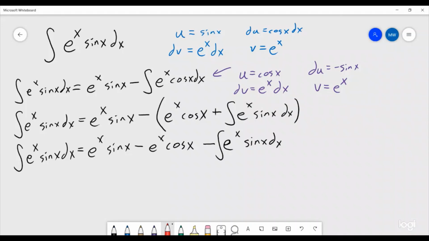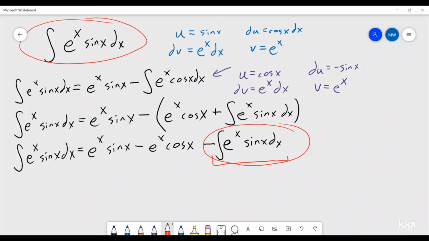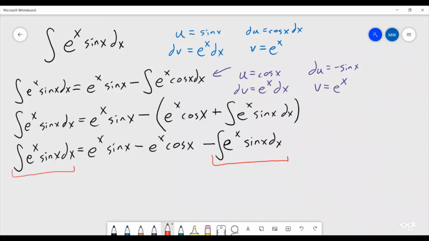Noticing this, we might think, okay, I have to do integration by parts again, but notice that this is the same thing that we started with, which means if we just continued to do integration by parts blindly, we would never finish. However, notice that we have the integral of e to the x sine x dx on both sides of the equality.